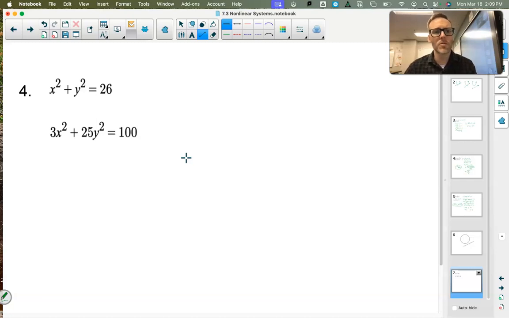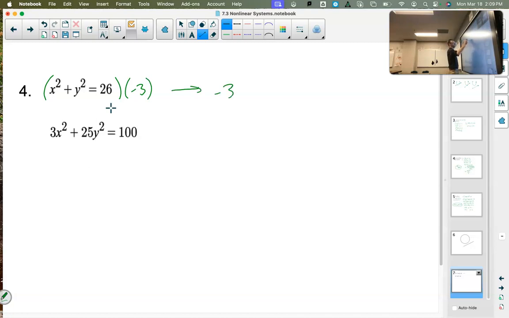So let's solve this and let's see what we get for solutions. I would choose not to do substitution on this one because to solve for any of my variables, I'm going to need a square root and it's going to get rather messy. Instead, I will use elimination. I'm thinking I'm going to multiply the top equation by negative 3. Negative 78.